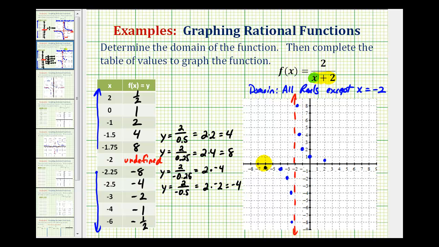So you can see we have two pieces to our graph, and these pieces do approach the vertical asymptote, so they look something like this. And on the left, it would look something like this.